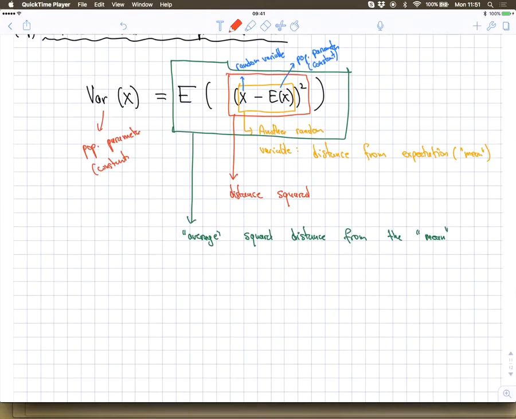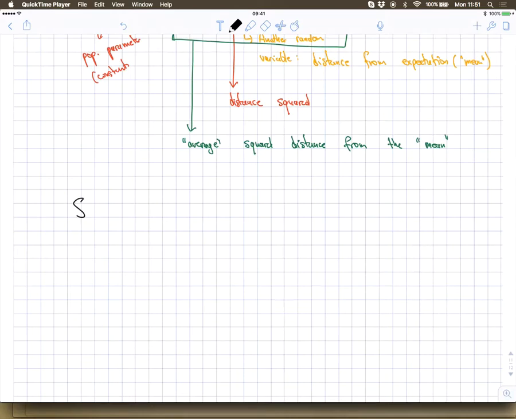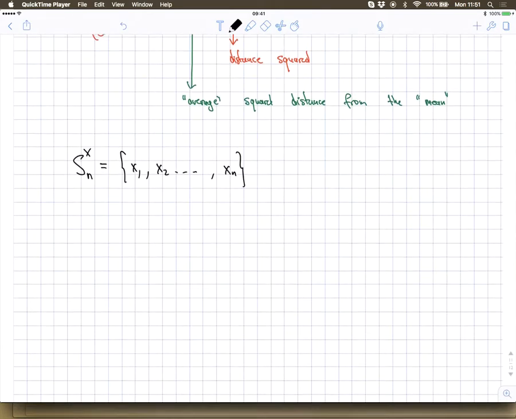Now, imagine that I give you a sample. I give you a sample of stuff, which is x1, x2, all the way to xn. Now, this is a sample of observations of this random variable x. What will be the sample variance?